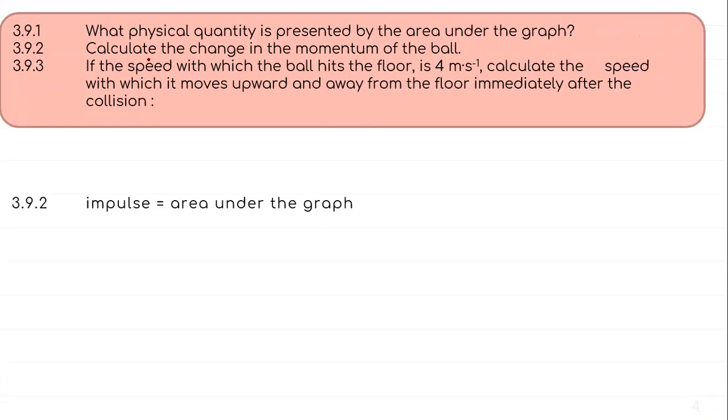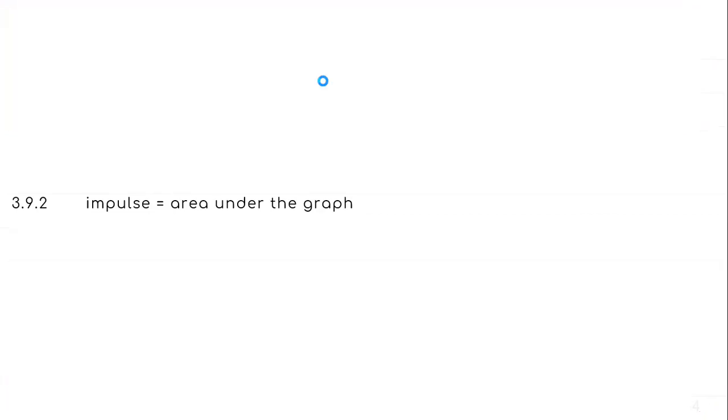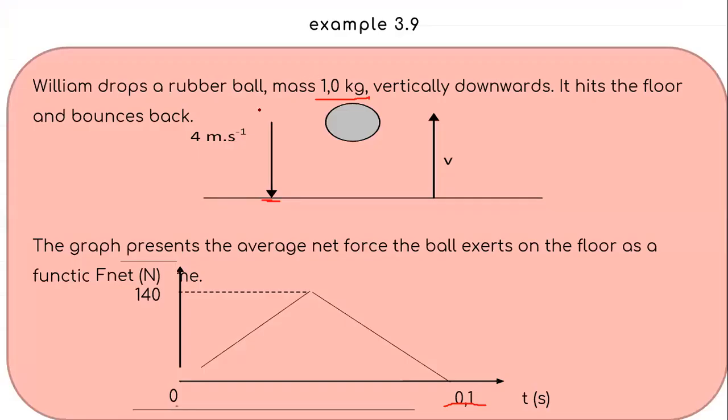Then we are required to calculate the change in the momentum of the ball. Now, some of you learners might think that this question is difficult, but it's actually not, because from a formula we know that F net delta t is equal to delta p.